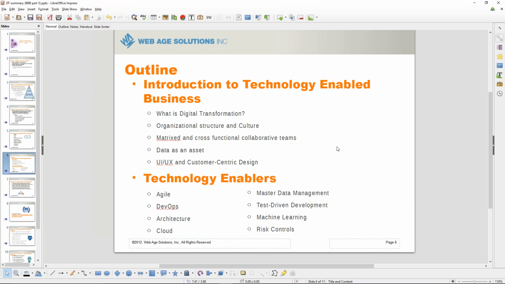Okay, we've talked about technology enablement. We've talked about digital transformation. We've mentioned that organizational structure and culture are central to making sure this works. A leader saying, let's do this, doesn't make a transformation happen.